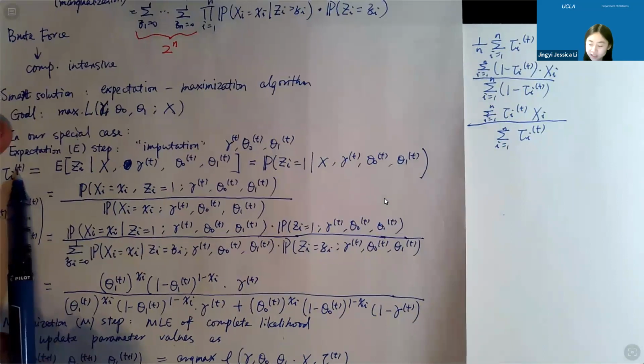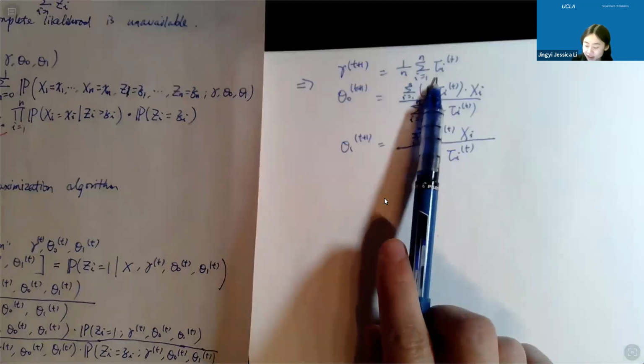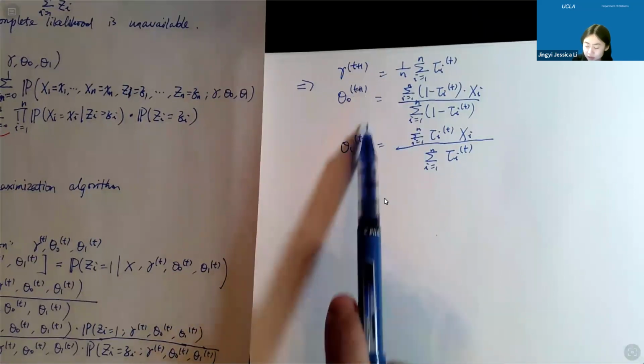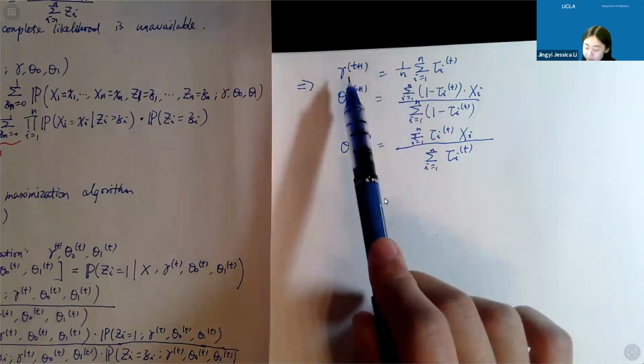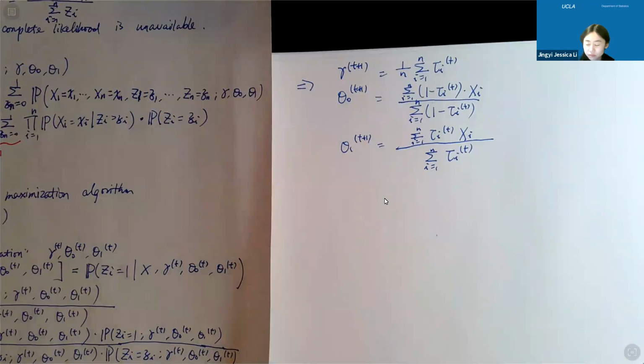With my tau i t plus 1, I come back to the M step to get my gamma t plus 2, theta 0 t plus 2, theta 1 t plus 2. So that's how the iteration goes. I can do this continuously until my gamma, theta 0, theta 1 values no longer change. So I stop. That's the EM algorithm for this special case.